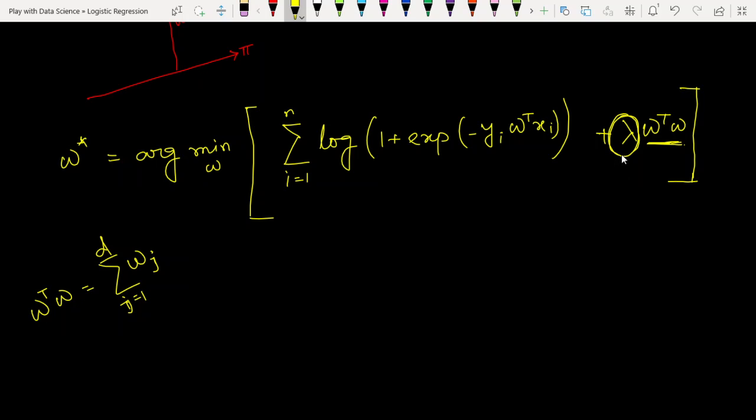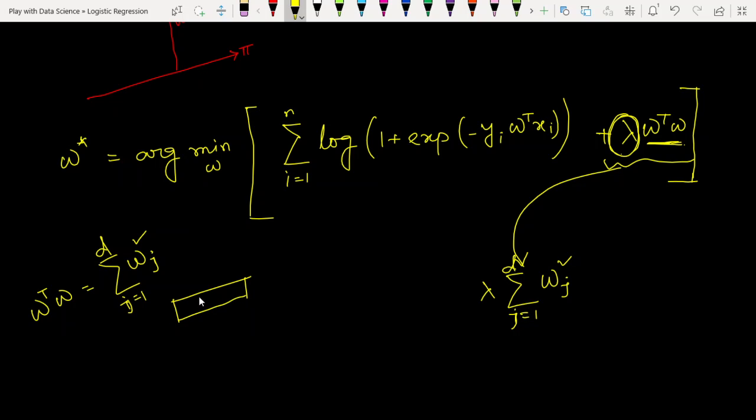So this term will now be written as lambda times the summation from i equal to 1 to d of wi squared.